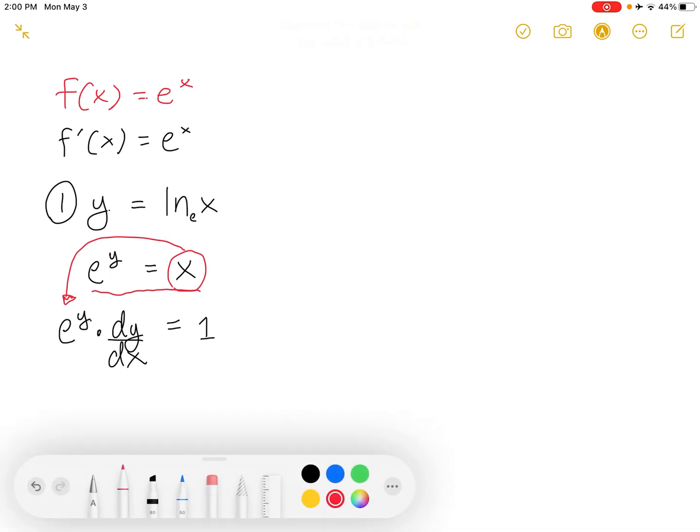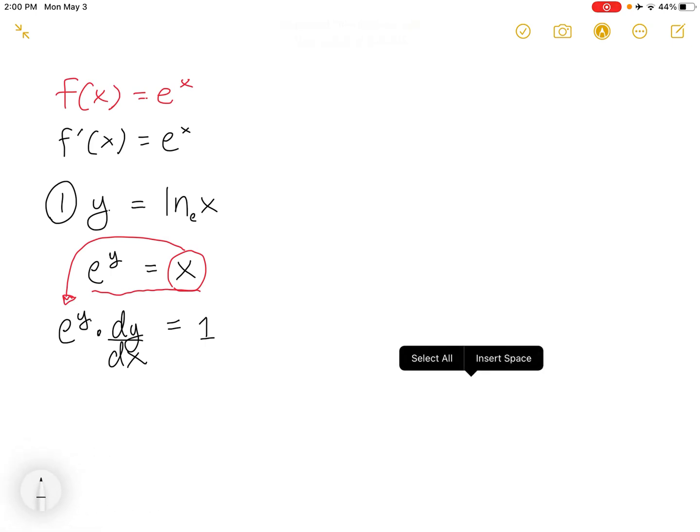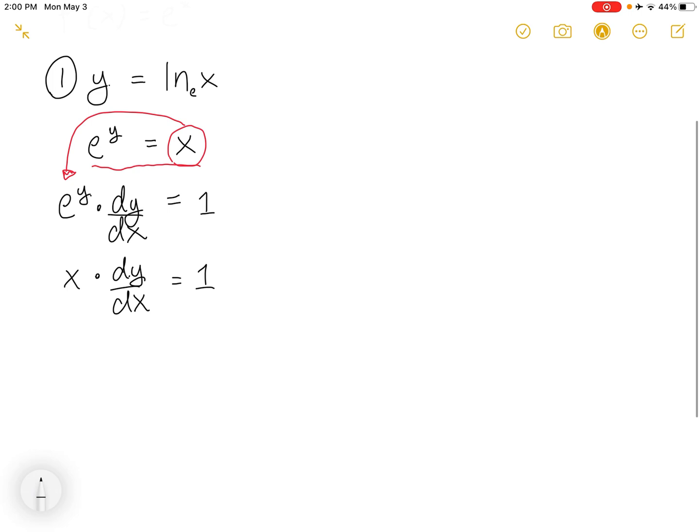So what I'm going to get is x times dy dx equals 1. And then I can divide both sides by x. And I end up with dy dx equals 1 over x. And that is the derivative of the function y equals ln x.